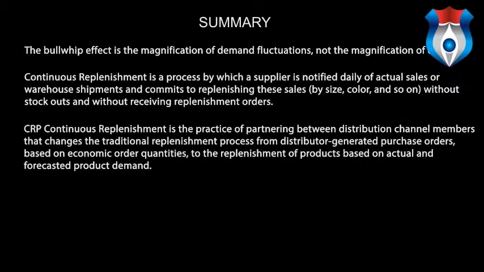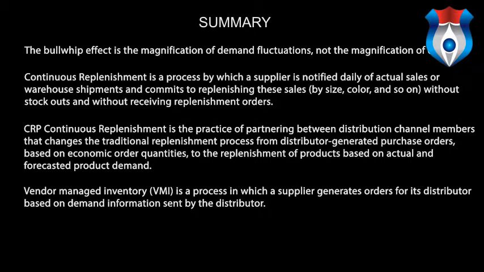CRP, continuous replenishment, is the practice of partnering between distribution channel members that changes the traditional replenishment process from distributor generated purchase orders based on economic order quantities to the replenishment of products based on actual and forecasted product demand.